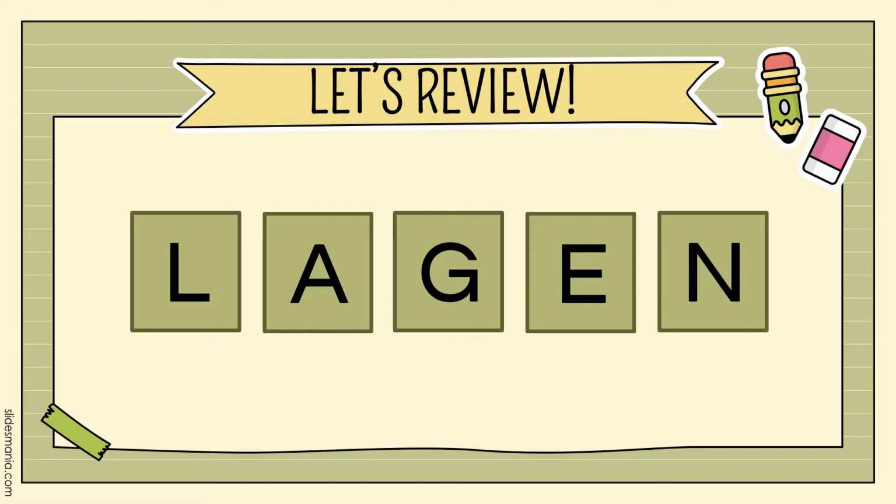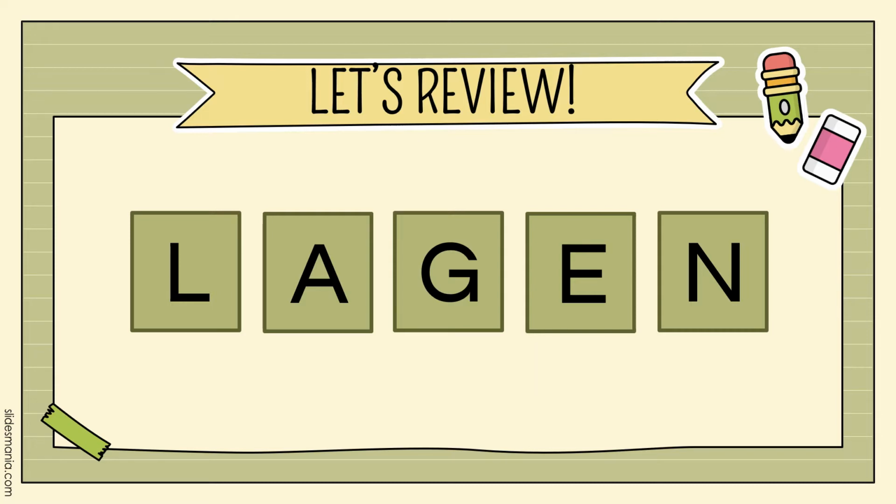So are you ready? Okay, that's great. I will be giving you 5 seconds to answer each jumbled letter. So here's our first set. We have the letters L, A, G, E, and N. So what do you think is the term behind these jumbled letters?